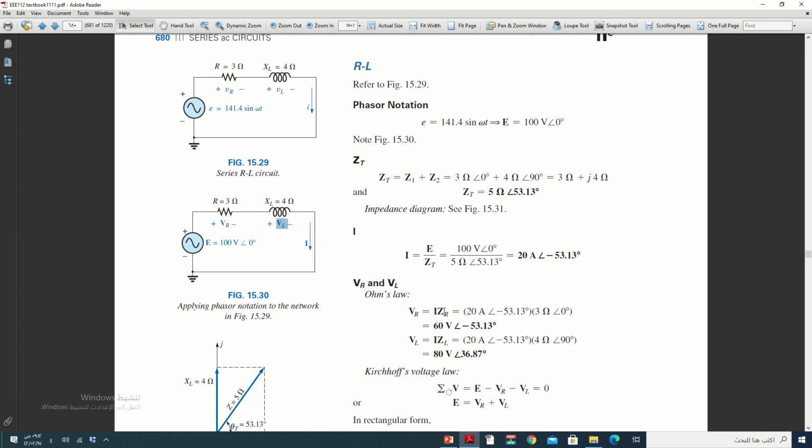As mentioned here, I multiplied by ZR, 20 with angle minus 53.13 multiplied by 3. You will add the angle. The final answer will be minus 53. You can see here the voltage angle minus 53 and the current angle minus 53. As we studied before, the current and the voltage are in phase in a resistive element.